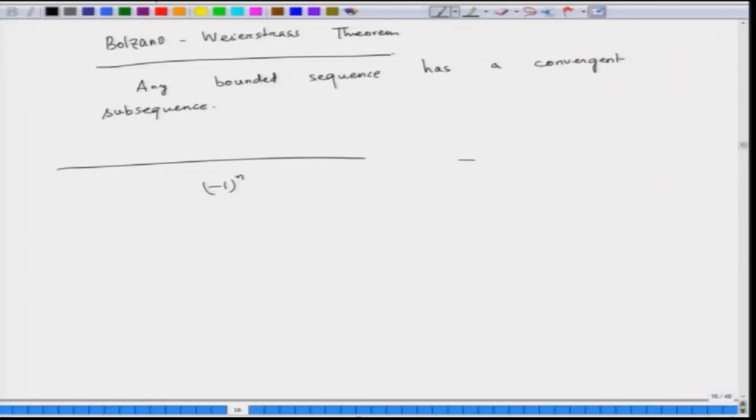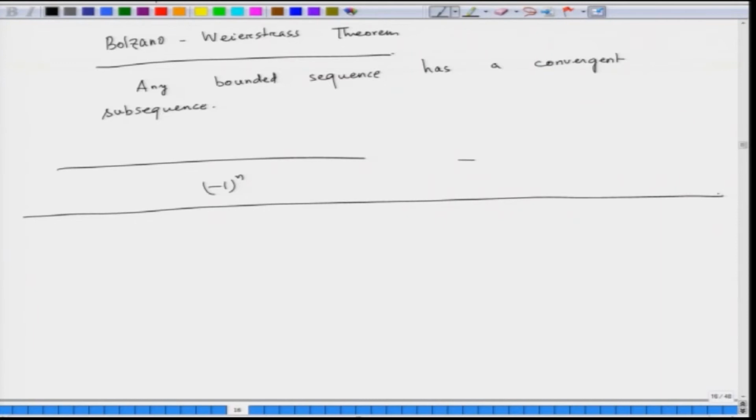Anyway, as I said, this is a fact which I want you to know. I am not going to give you the proof for this, neither am I going to use this in my further lectures, but this is a very, very important fact in the convergence of sequences.